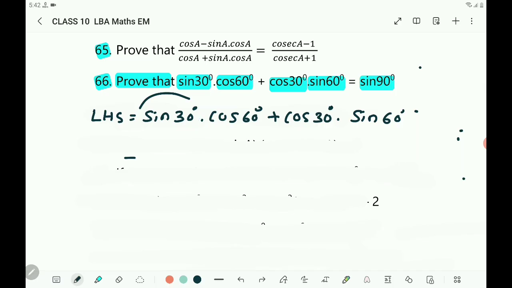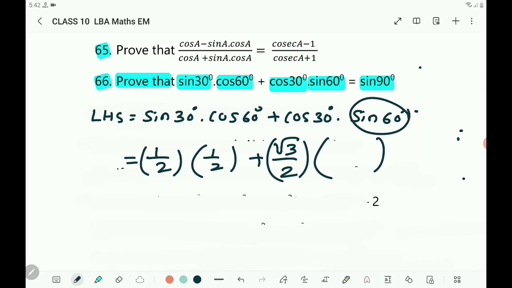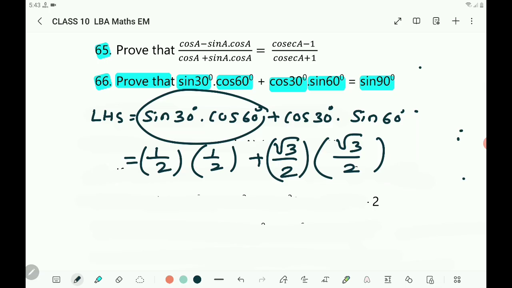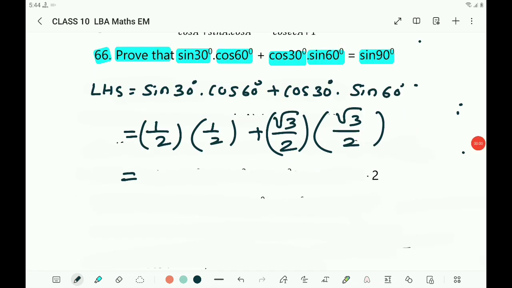Sin 30 is 1 by 2. 1 by 2 into cos 60 is also 1 by 2. Plus cos 30. Cos 30 is root 3 by 2. Sin 60 is also root 3 by 2. Here sin 30, cos 60 both are same, which is equals to 1 by 2, and cos 30, sin 60 both are same, which is equals to root 3 by 2.